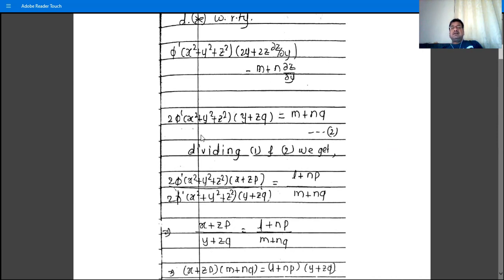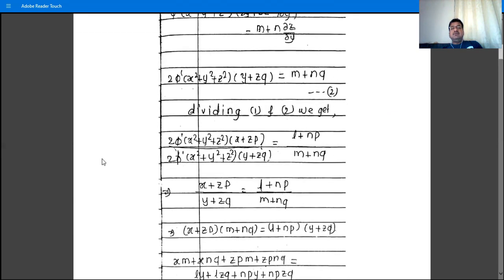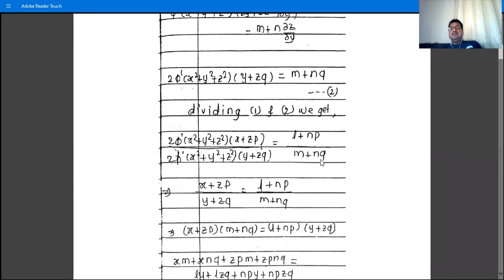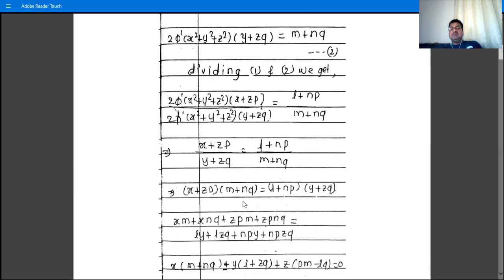Dividing 1 and 2 we get 2 phi dash (x square plus y square plus z square)(x plus zp) and 2 phi dash (x square plus y square plus z square)(y plus zq) is equal to (l plus np) divided by (m plus nq). Then the phi dash term gets cancelled and 2 gets cancelled. So (x plus zp) divided by (y plus zq) is equal to (l plus np) divided by (m plus nq), and then by cross multiplication we have this.